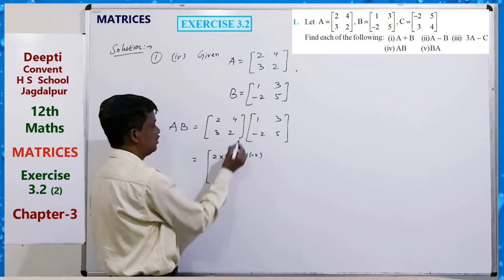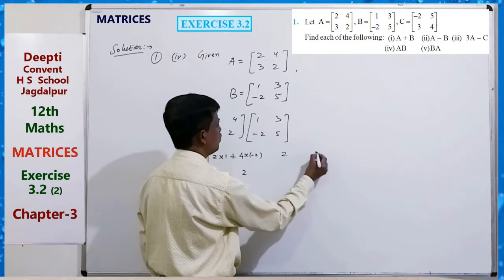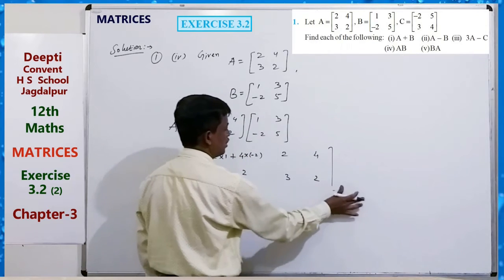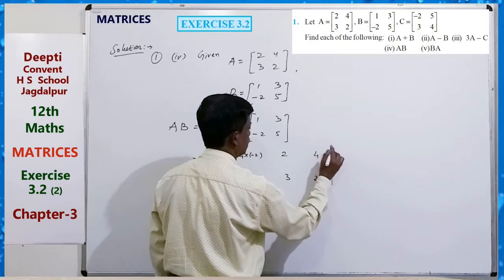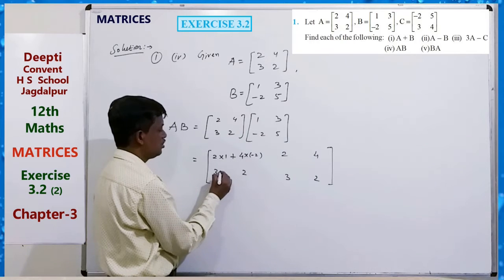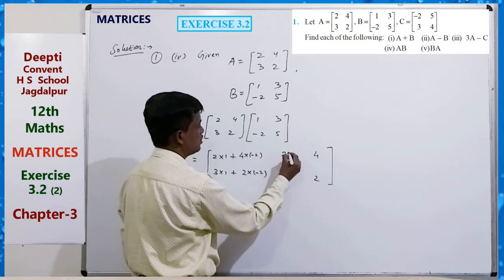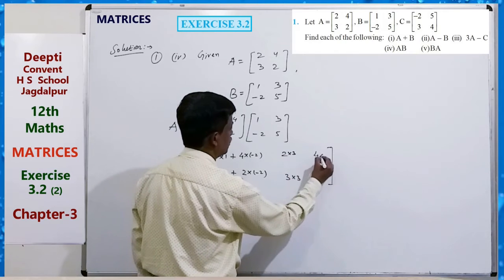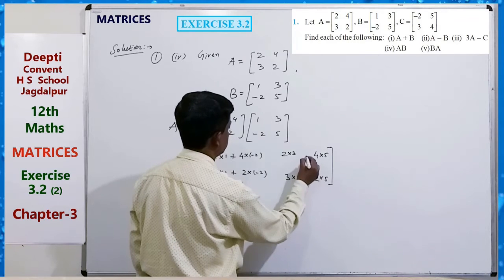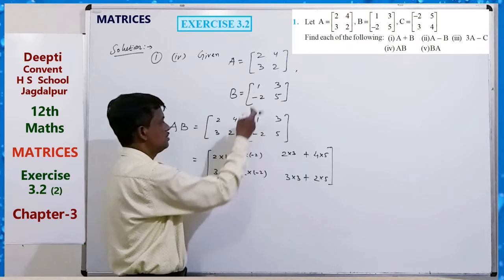Similarly, write 2, 4, 3, 2, then 3 into 1 plus 5 into minus 2, and the other elements the same way. Plus, plus, plus. This is the rule.